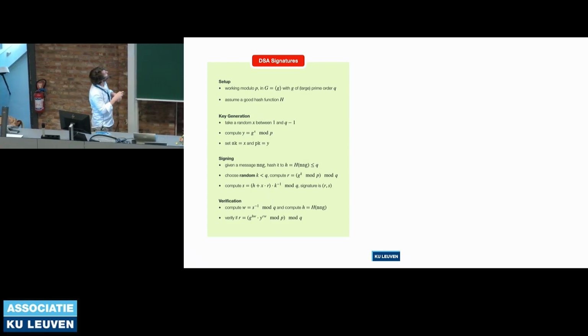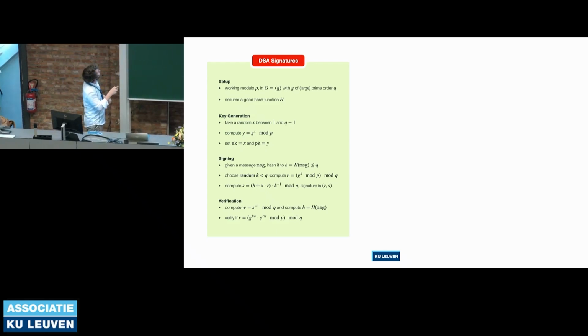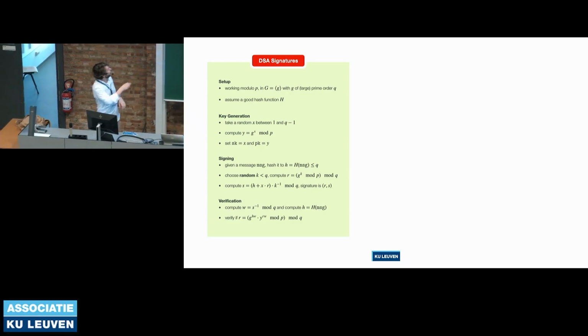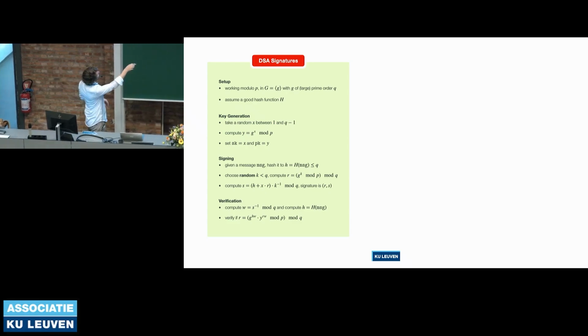So if you have some time left, you can work out that if I fill in H and W over here, and I rewrite Y as g to the power X, you will see that this is just done with public information, but it really does verify that the signer could only compute that if they had X, and if this is a valid signature in that sense, right? So that R is really equal to this part.